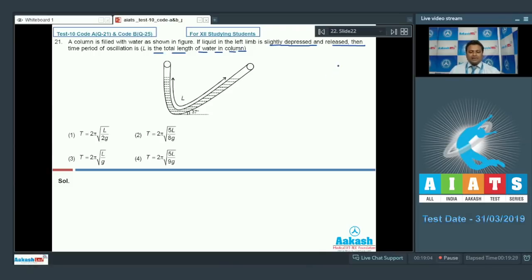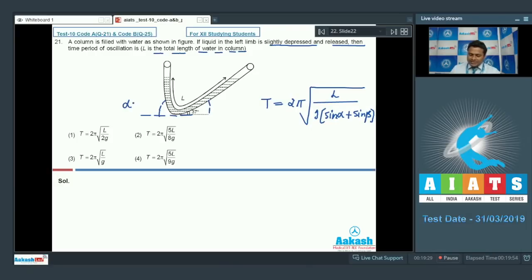Now we know very well the time period of oscillation of liquid in a given tube is given by the expression T equals 2 pi under root L upon g times sine alpha plus sine beta, where alpha and beta are the angles from horizontal.